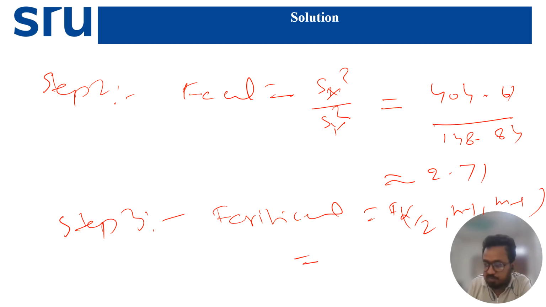This is equal to F 0.025, 33 and 28, which is equal to 2.10.